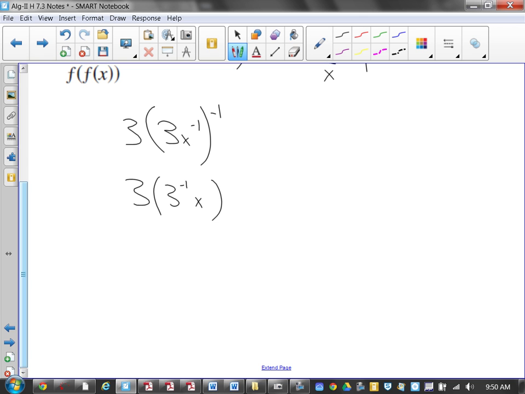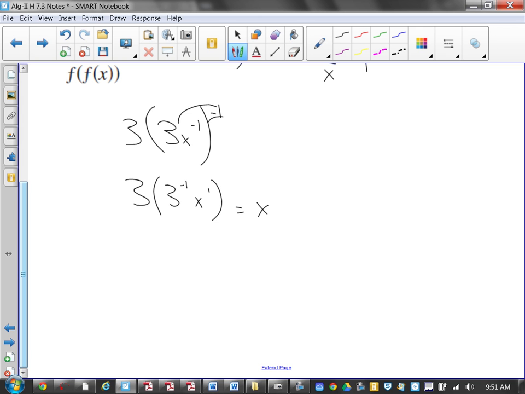What's 3 to the negative 1? 1 over 3. What's 3 over 3? 1. What's negative 1 times negative 1? So that one would simplify out. You have to distribute it, because that's what we did the past 3 days.